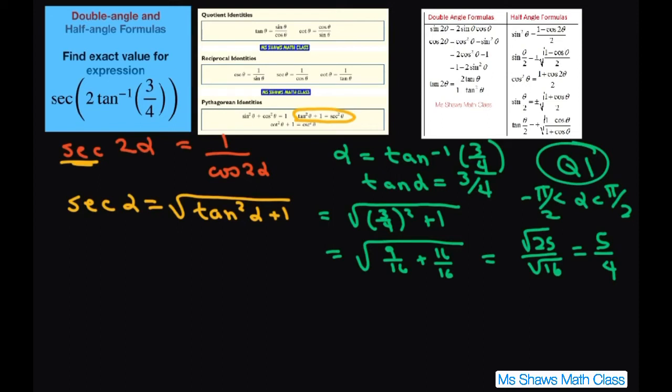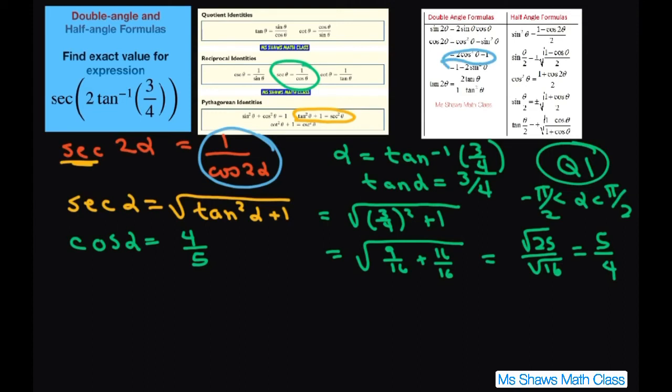That means cosine of alpha, I'm using my reciprocal identities, is 4/5. Now that I have that, I can use my formula here for double identities. We have cosine of 2 alpha, and I'm going to use what I have for cosine. I only have cosine, so I'm going to use this formula.